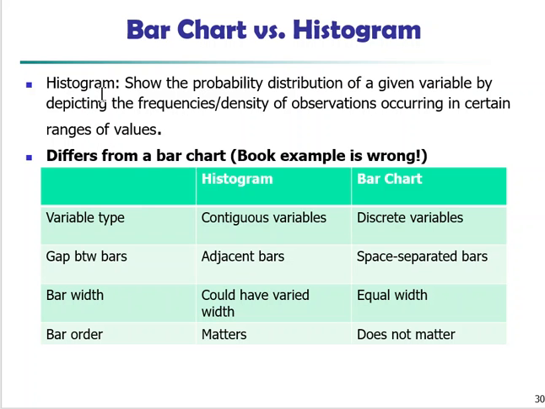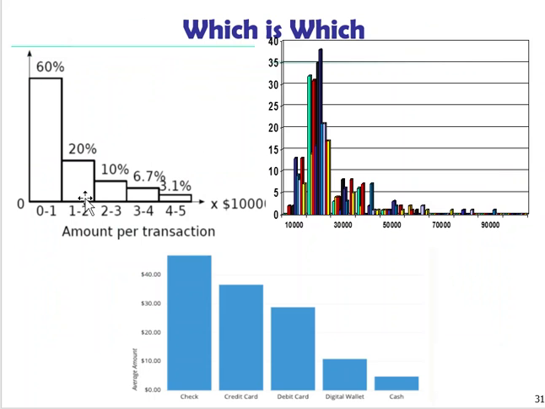So a histogram shows the probability distribution of a given variable by depicting the frequency or density of observations occurring in a certain range of values. One example of a histogram is this, where we plot the amount of transactions.